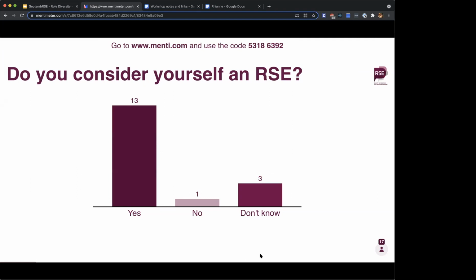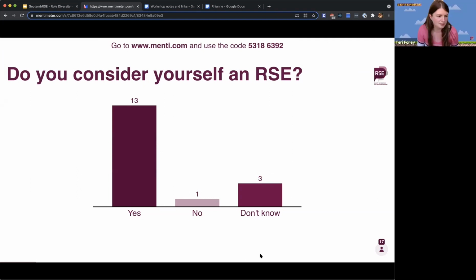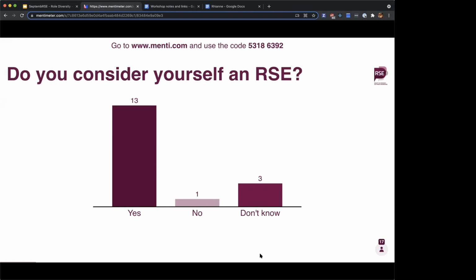So can I speak to that a little bit? Jump in, James. I'm still relatively early in my career, and I've quite consistently struggled with this imposter syndrome idea. Earlier, it was imposter syndrome: I'm not an RSE, my skills aren't ready to be an RSE yet.